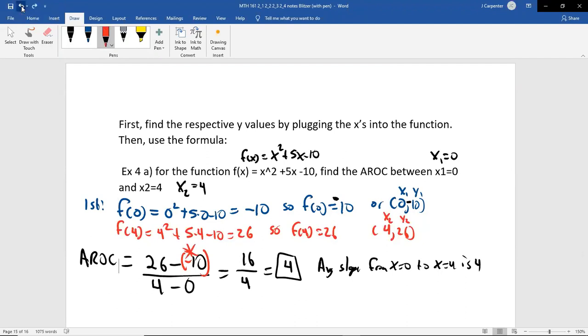I'm glad I caught it though. All right, so that's 26 plus 10, which is really 36. That's what that should be. And 36 divided by 4 is 9. So the average slope is 9 from x equals 0 to 4. Again, I'm sorry for that. I'd lose a couple points for that on my test.